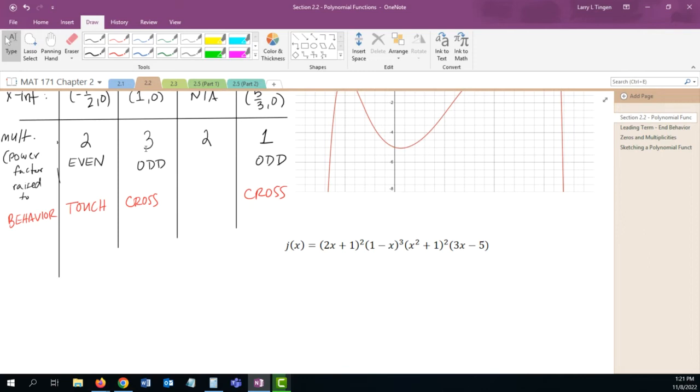Once it crosses, it'll probably get steeper and steeper. But anyway, there is my function. The other piece of information I need if I want to talk about my polynomial function is end behavior. So if this is my polynomial, it's the end behavior.